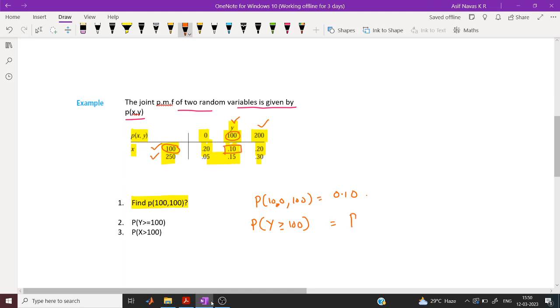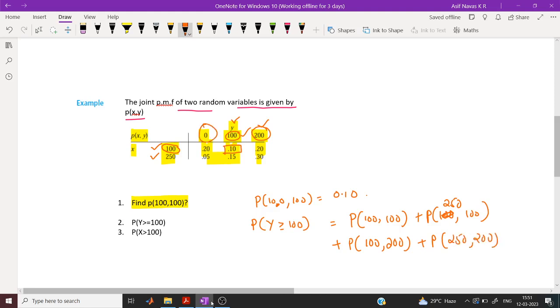So the answer is p of 100, 100 plus p of 250, 100 plus p of 100, 200 plus p of 250, 200.